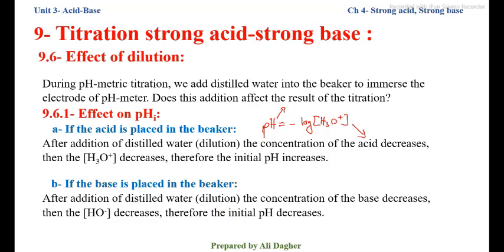Because in strong basic solutions, pH equals 14 plus log concentration of HO minus. Here, concentration of HO minus and pH are directly proportional. When the concentration of HO minus decreases, the pH decreases. Therefore, pHi decreases.